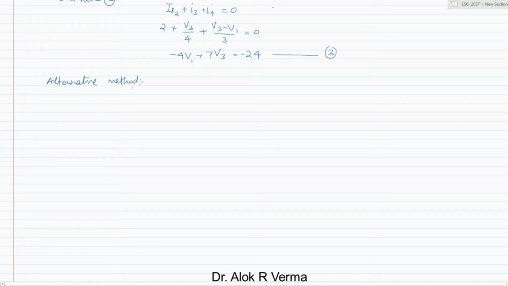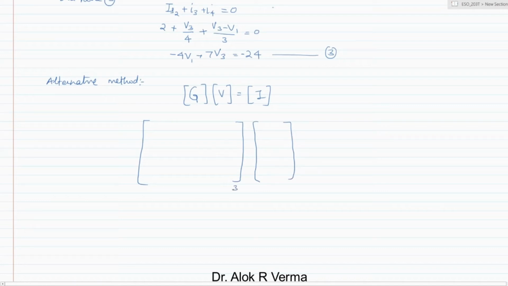What is that alternative method? Directly writing the equations in the matrix form. So this is the circuit or network having node 3.